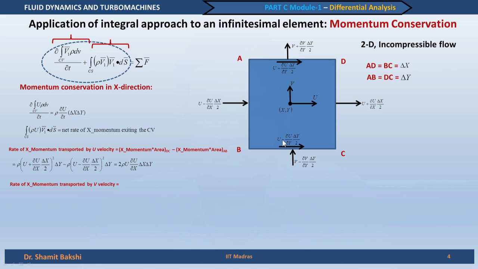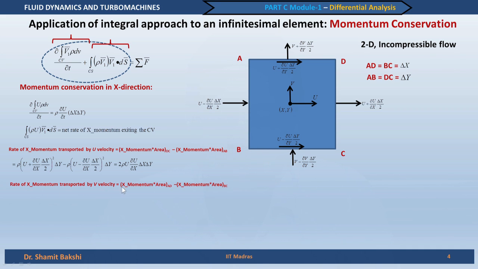Even if this u velocity is the same as that velocity, the variation of v velocity can result in a rate of change of x momentum in the control volume. So, that is very important to understand, and that is the quantity which we are trying to derive here, the rate of x momentum transported by v velocity.